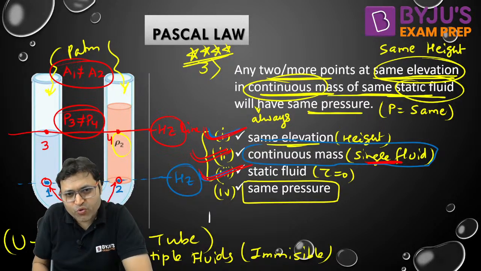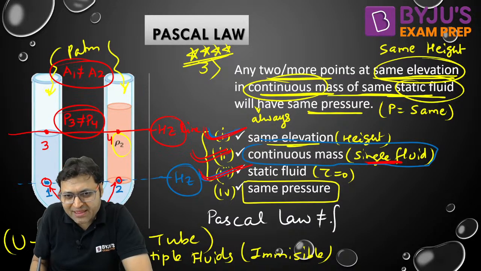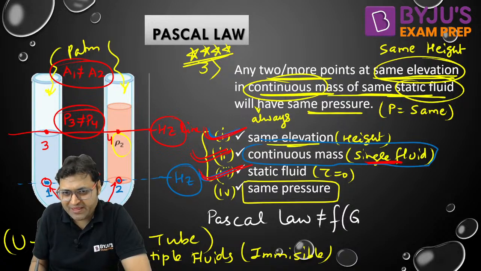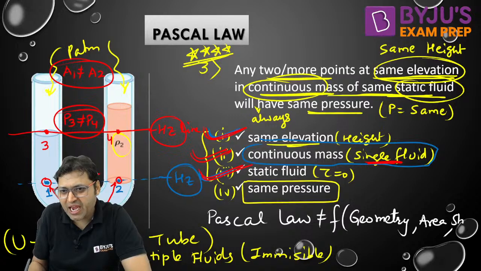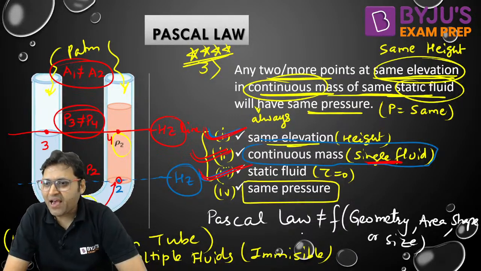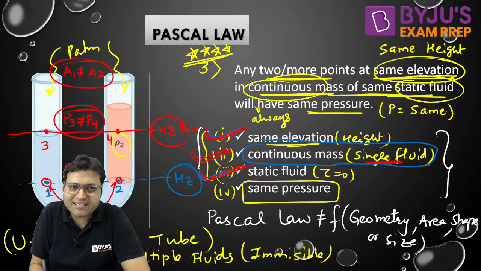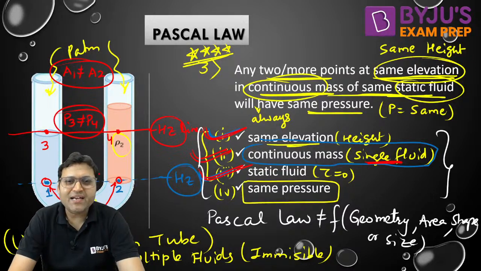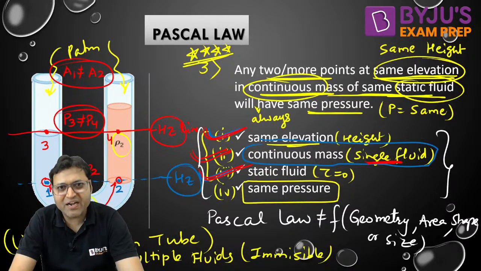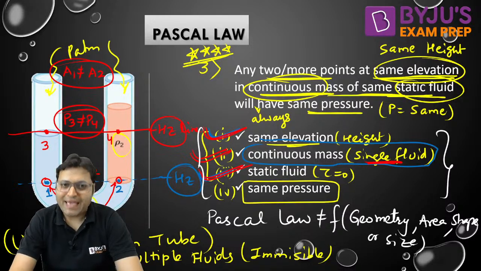Let me clarify that Pascal's law has nothing to do with the geometry, area, shape or size. It only depends on the given conditions. If the given conditions are satisfied, then the pressure will be equal. If any of the conditions is not satisfied, then the pressure will not be equal.